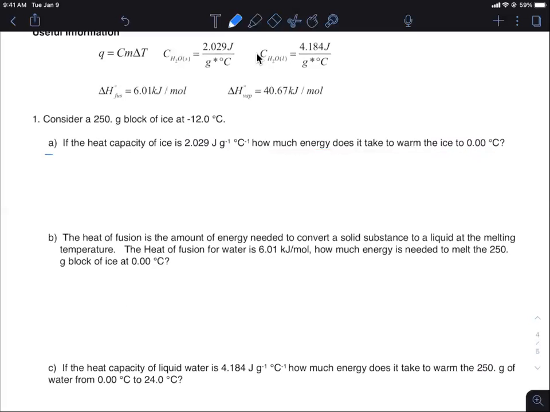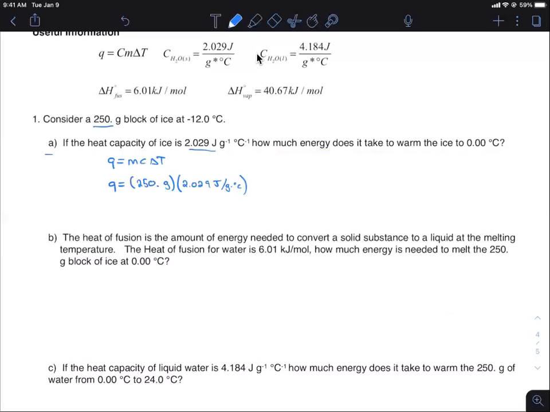In order to answer this, we're going to use our equation Q equals mc delta T, and we're solving for Q. So Q is equal to M, the mass of ice present, and we're told it's a 250 gram block, so 250 grams, multiplied by the heat capacity of the ice, given in our problem as 2.029 joules per gram degrees Celsius.